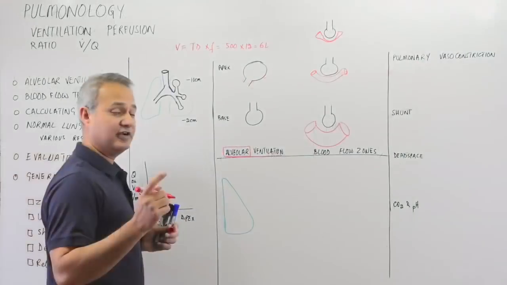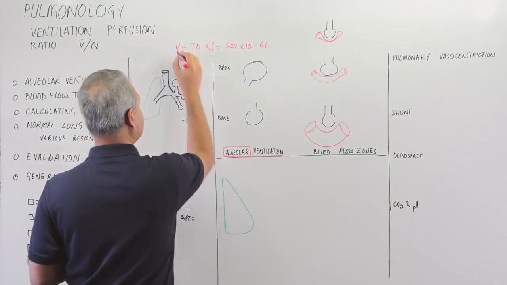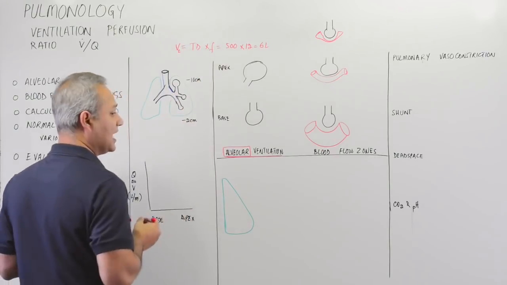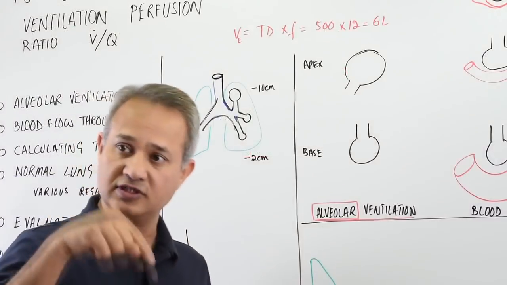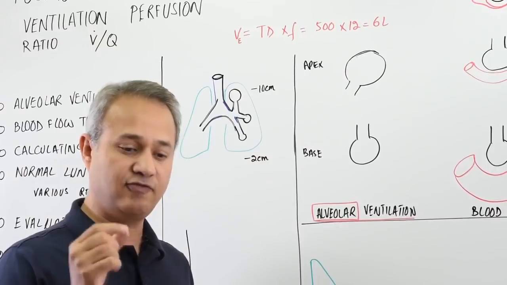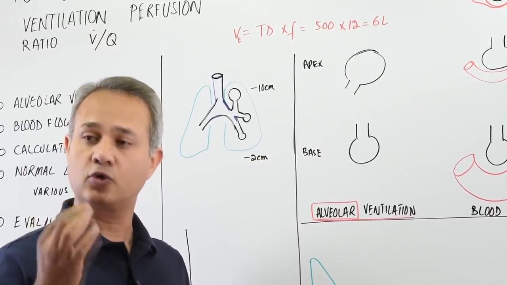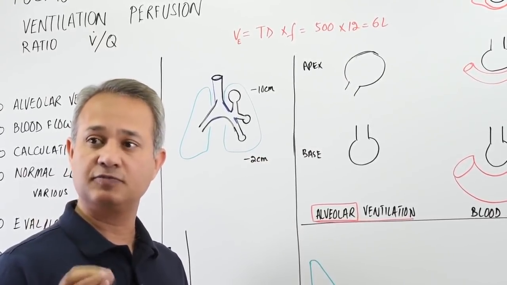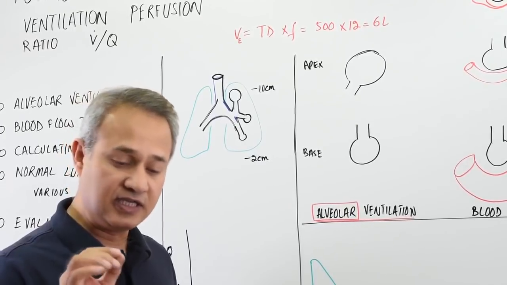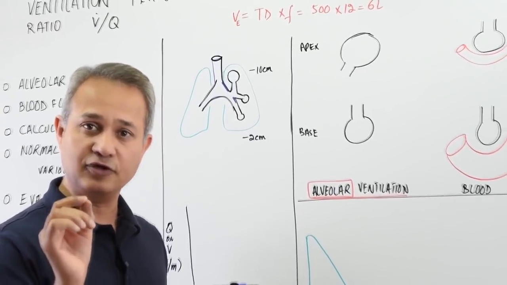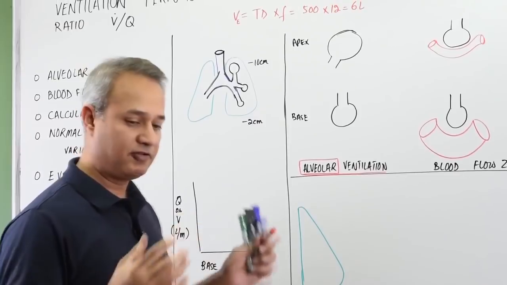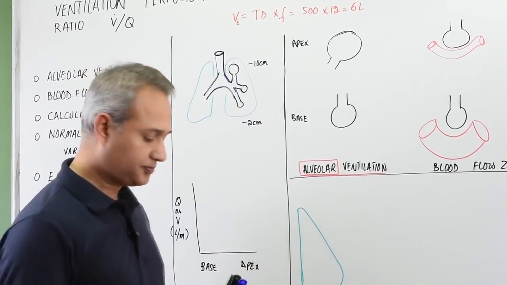So that is the minute ventilation. However, the alveolar ventilation is what is important here. So please remember this: for ventilation perfusion questions and concepts, the ventilation type used is the alveolar ventilation, although everyone just says ventilation perfusion.